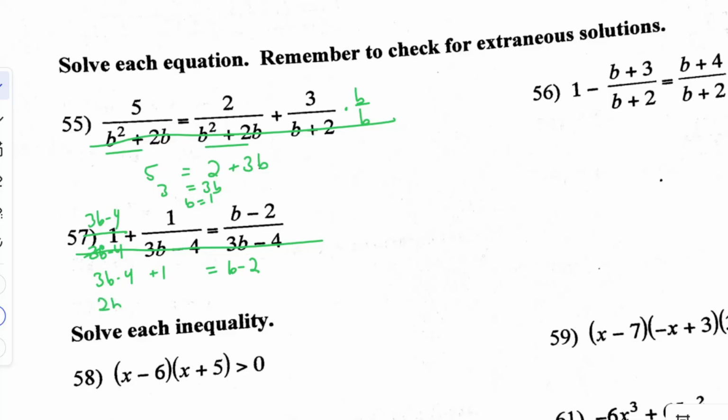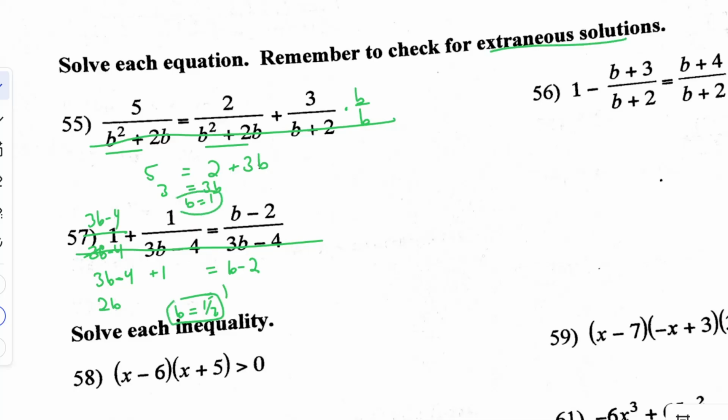Okay, subtract b from both sides. I got -3 here, which I'll add to both sides. So b equals 1/2.